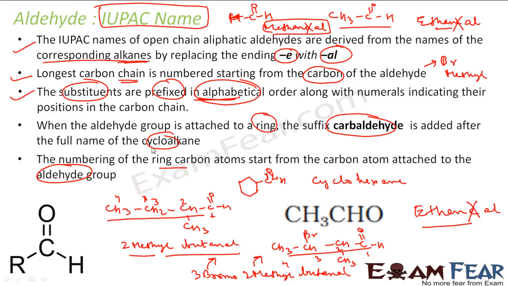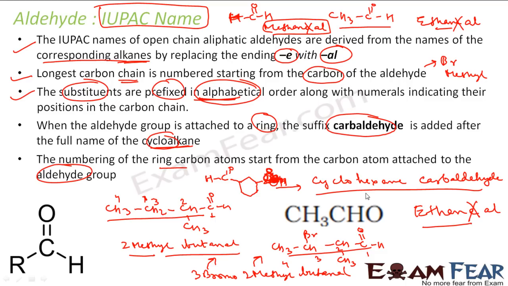You see, it is added after the full name of the cycloalkane, this is cyclohexane, and then I'll write carbaldehyde. So this is the IUPAC name of this compound, cyclohexanecarbaldehyde. If you are not able to see clearly, I can draw COH here. Yeah, this is the compound, cyclohexanecarbaldehyde.